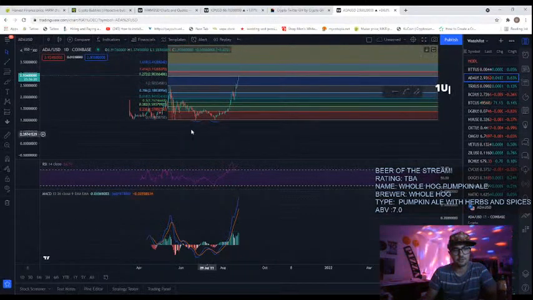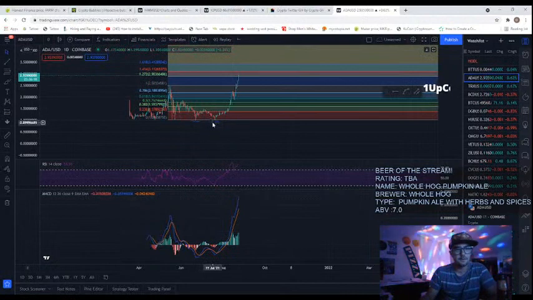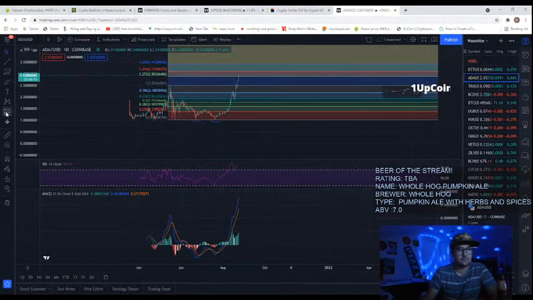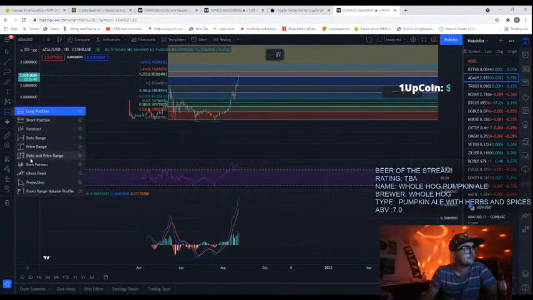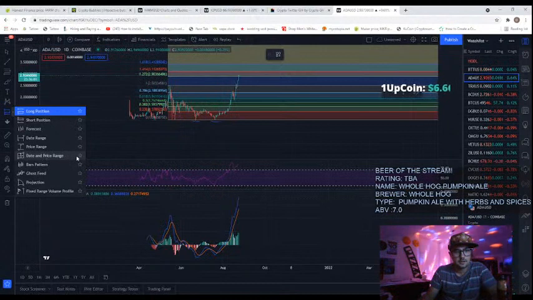I don't know what you do, but now that it's been marked up from here to here, you can go down to this icon right here and click on the date and price range icon. I'm going to add it to favorites for you guys so you see it.